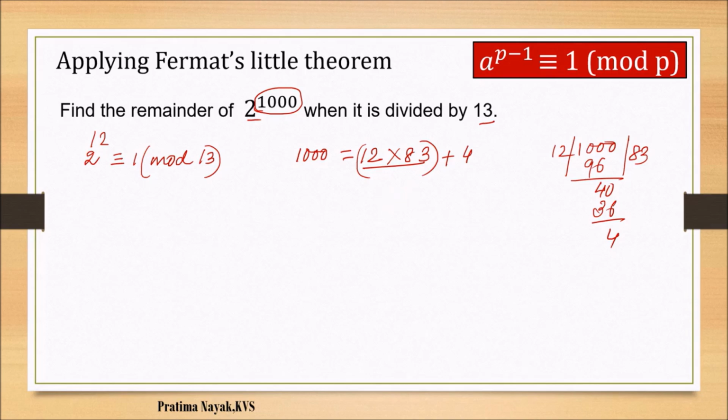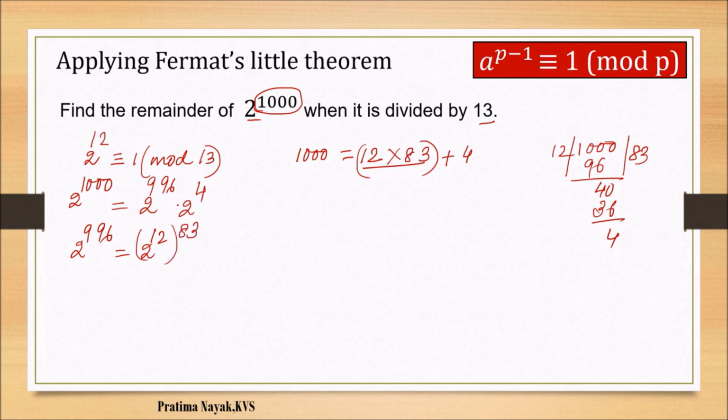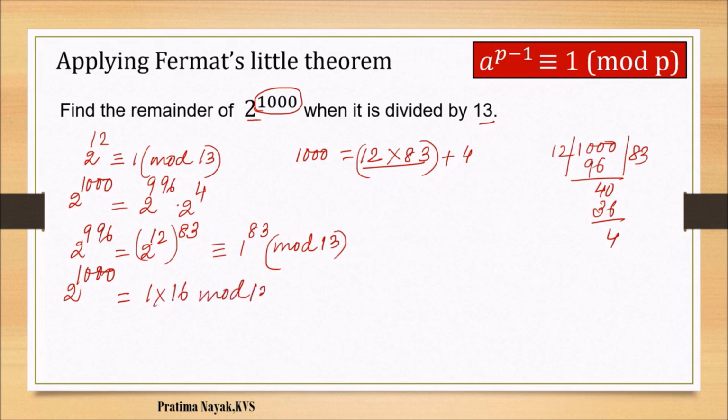So I may write 2 raised to the power 1000 is equal to 2 raised to the power 996 into 2 to the power 4. 2 to the power 996 is 2 to the power 12 to the power 83. This will be congruent to 1 raised to the power 83 times 16 modulo 13, because 1 raised to the 83 is again 1.